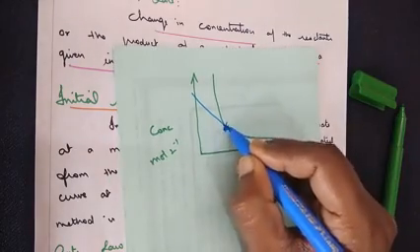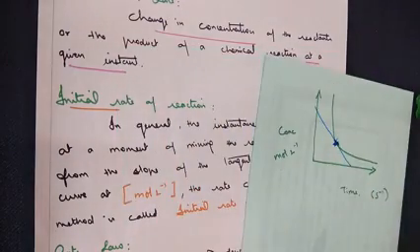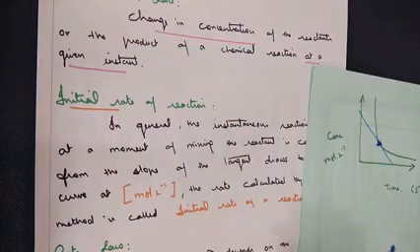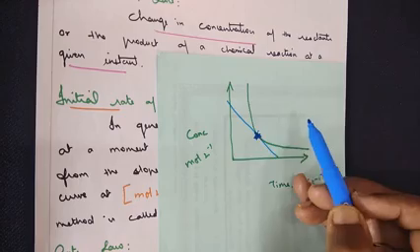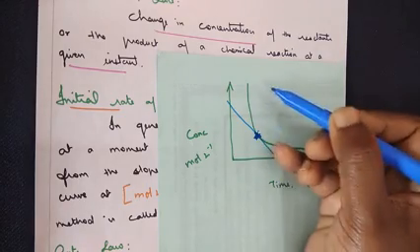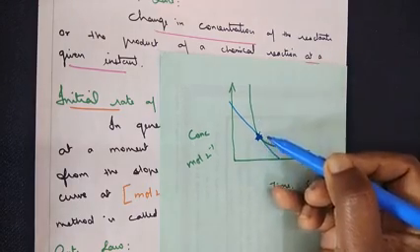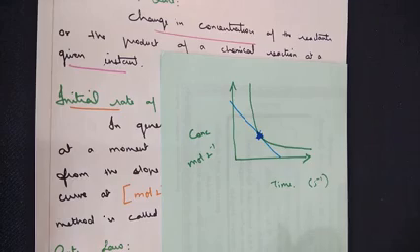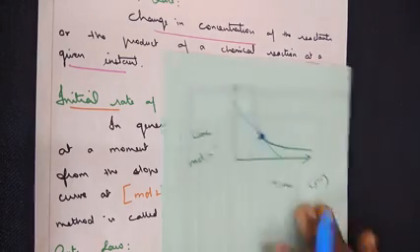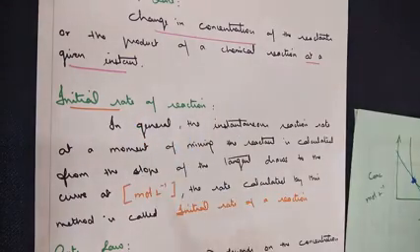So this is the point of initial rate of a reaction. As soon as we add the chemical species, the reaction does not take place at once. It takes time for the concentration to decrease slowly. At one particular point, there will be a change in the concentration where the reaction will begin to take place. So that is called the initial rate of a reaction.